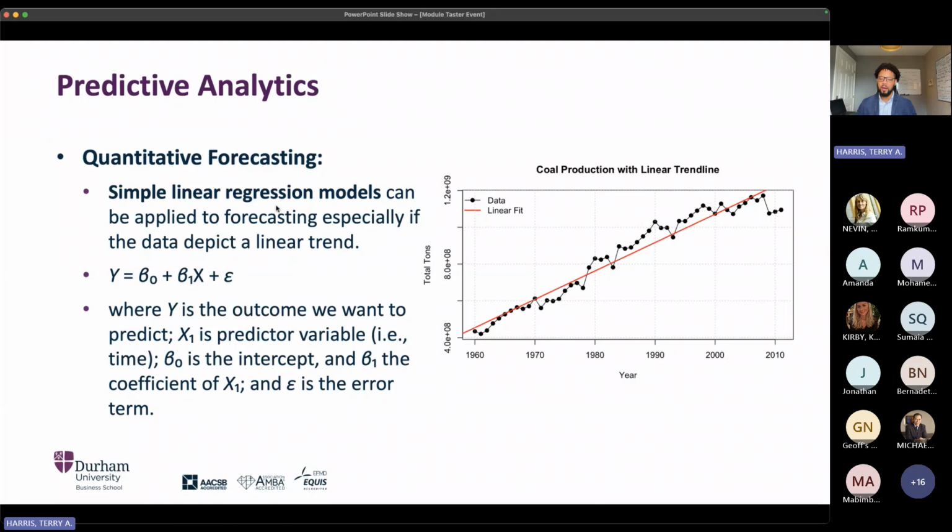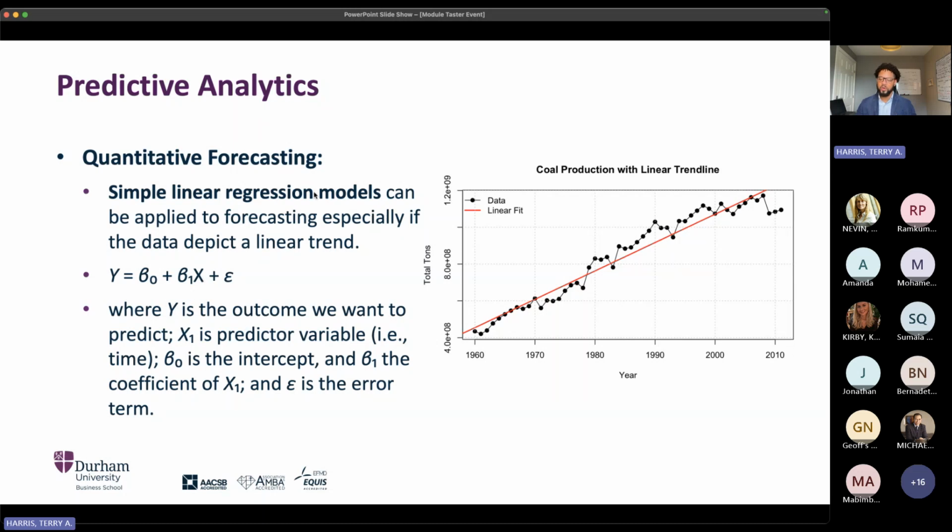Here we have a simple linear model where y is the outcome you're trying to predict. Maybe that's sales, or in this case, for this data set, coal production. So we're trying to predict coal production as a function of time. Beta 0, B0, is the intercept. B1 is a slope coefficient. X is a variable that is an index of time, in this case, year, and epsilon is just the error term, right?